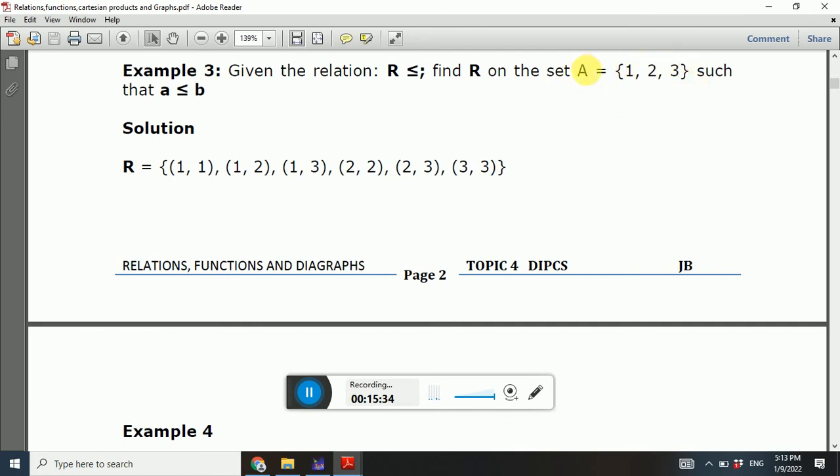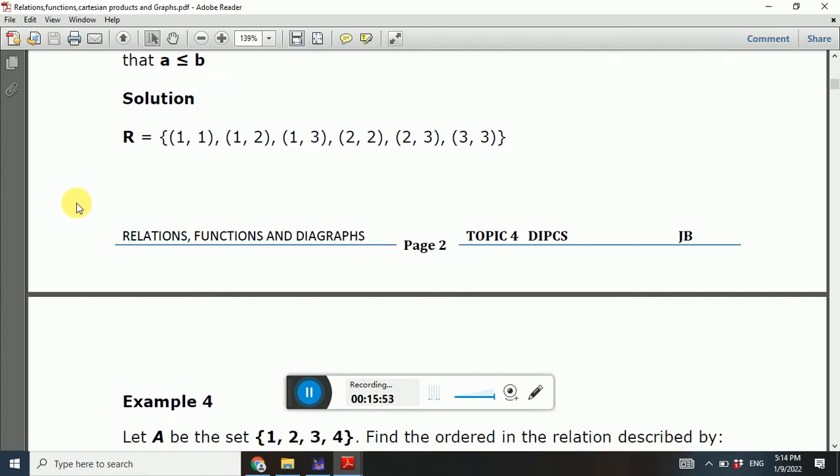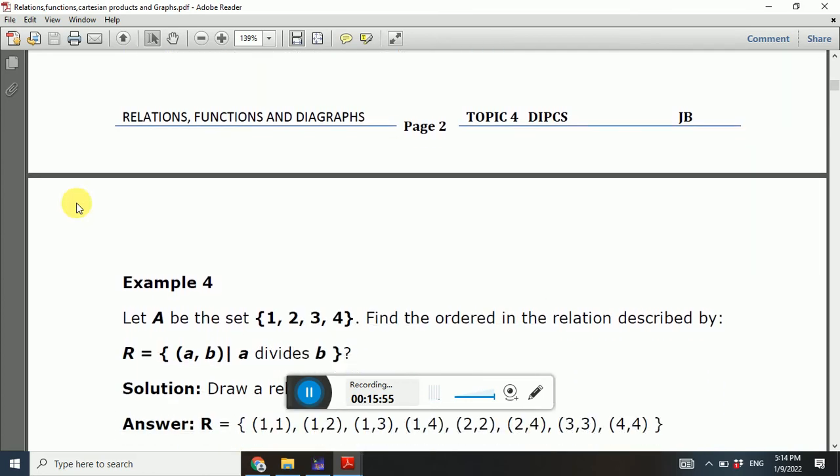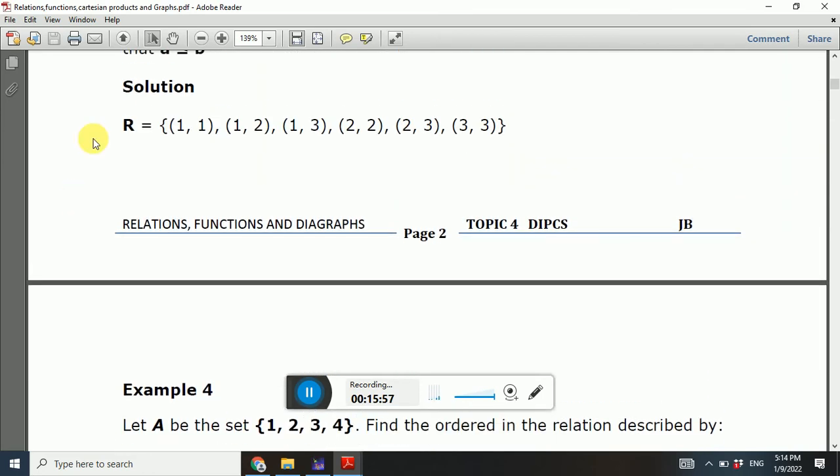Compute the Cartesian product A cross A, and then look at all those pairs and pick out the ones which satisfy this condition: either the first element and the second element are equal or the first element is smaller than the second one. I hope you will try that out and see what you get. What you get actually should be this answer.